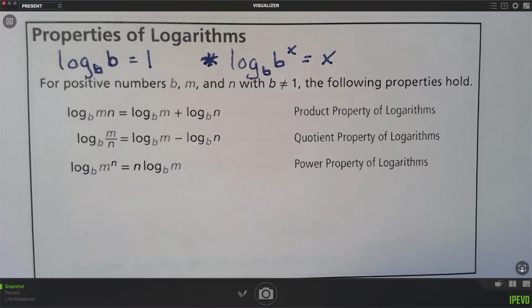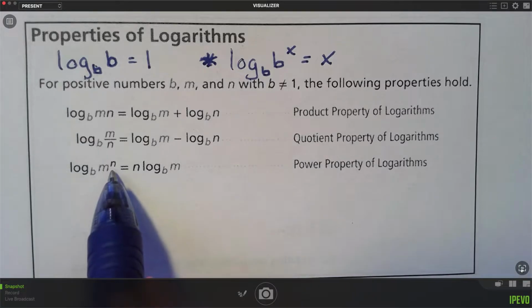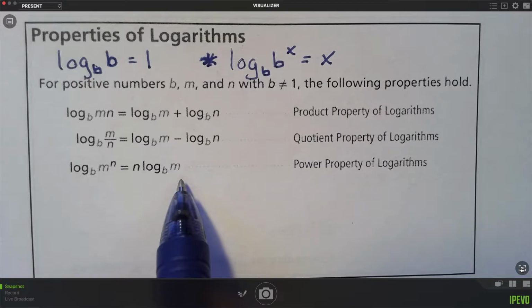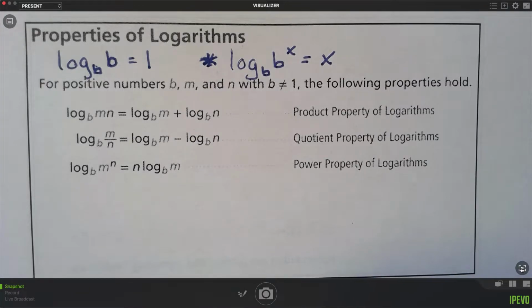What do we do when we take a power to a power with exponents? Multiply. So our power property, we bring our exponent out in front of our logarithm. See that? So I have log base b of m to the n equals n times log base b of m.